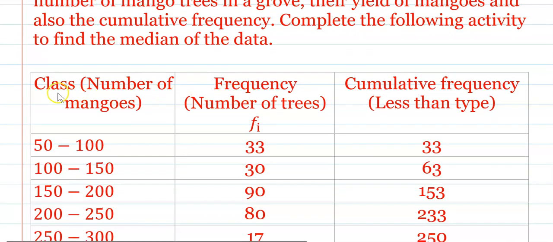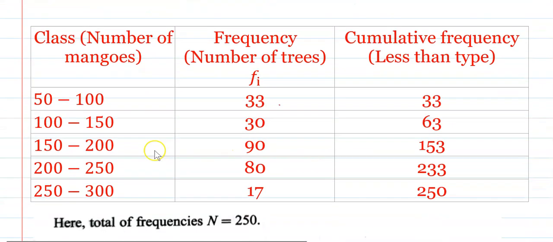Now here the class is the number of mangoes 50 to 100. Frequency, number of trees, 33. Next 100 to 150, 30. 150 to 200, 90. 200 to 250, 80. 250 to 300, 70.